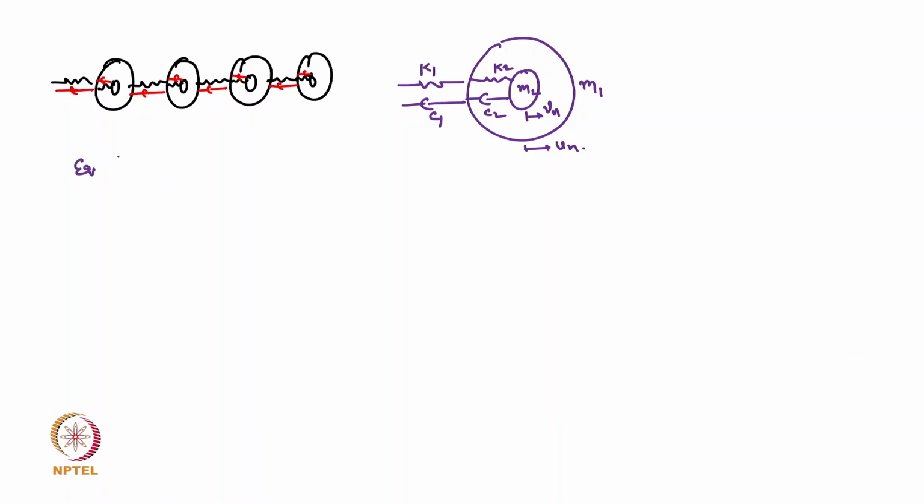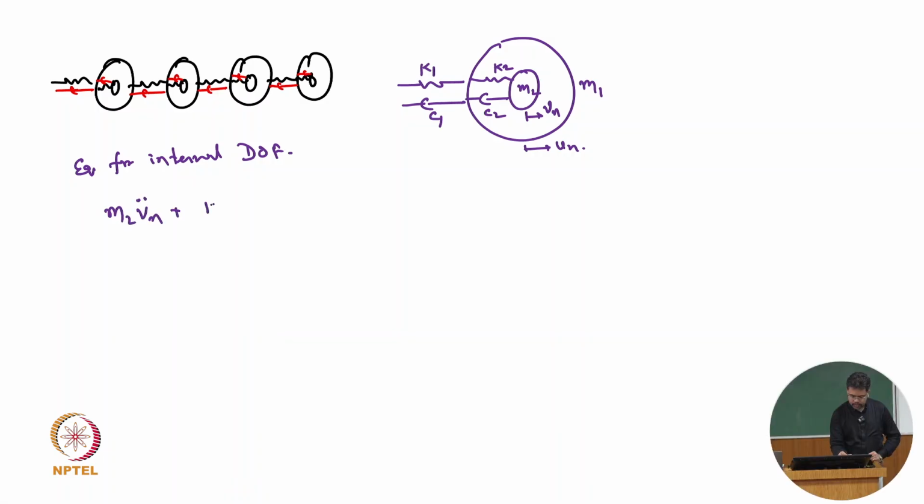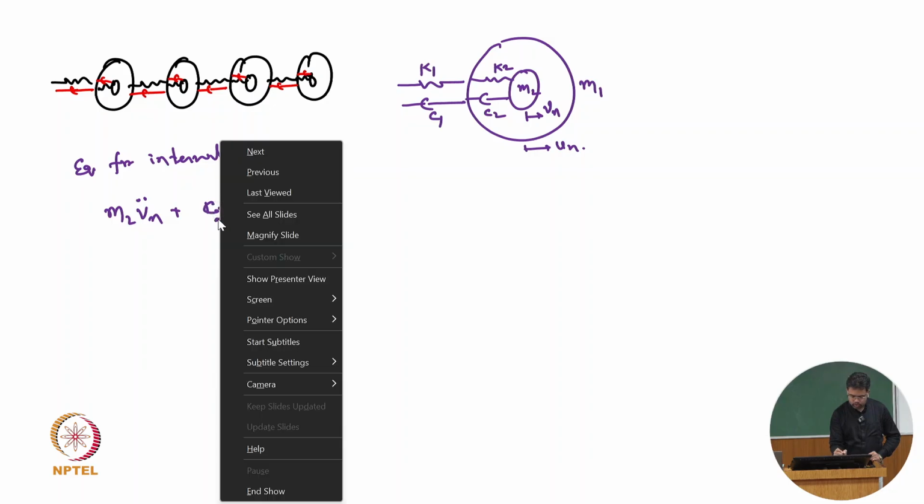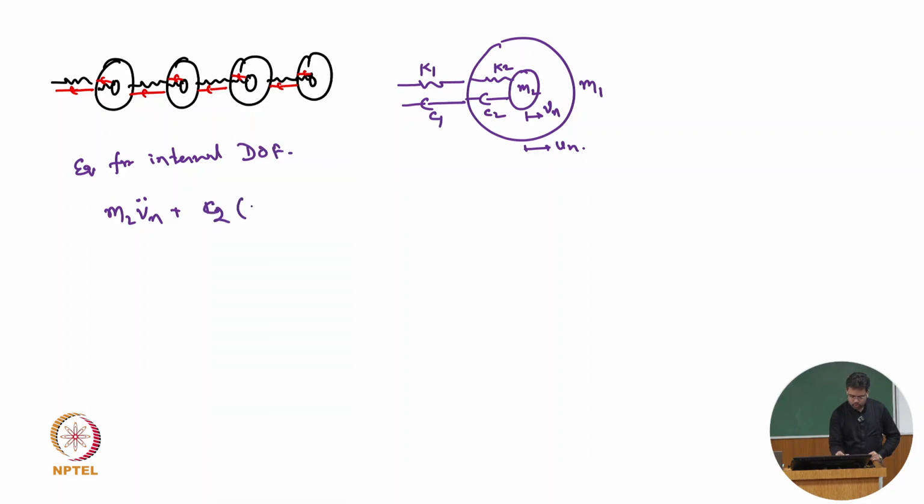So the equation of motion for the internal DOF we can get as m2 Vn double dot plus c2 into Vn dot minus Un dot plus k2 into Vn minus Un, that should be equal to 0.